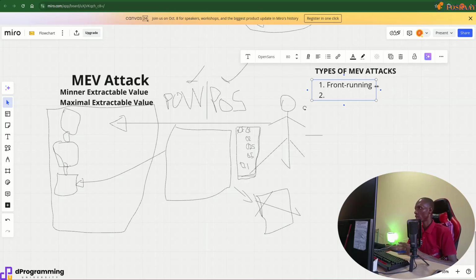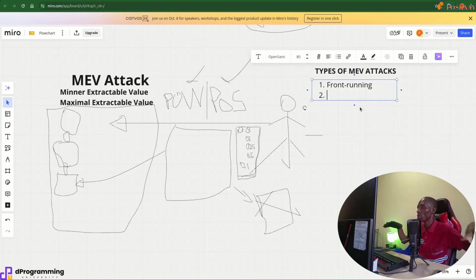If you have done crypto trading, or even as a Web3 developer or just coming in from Web2, at times it's just a split second for you to get into a trade and make more profit, or to get wrecked.